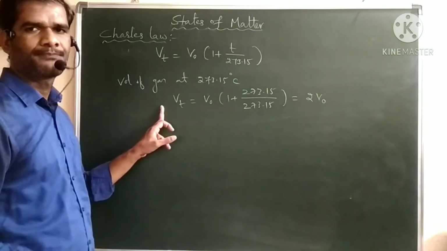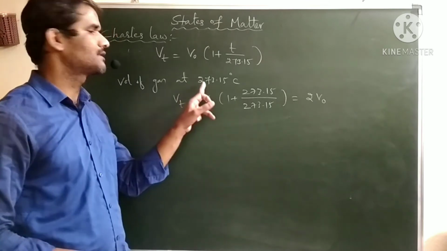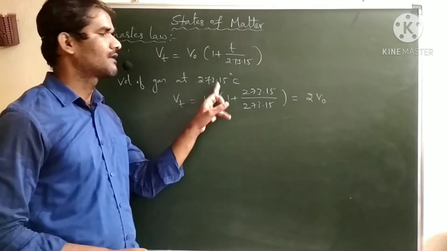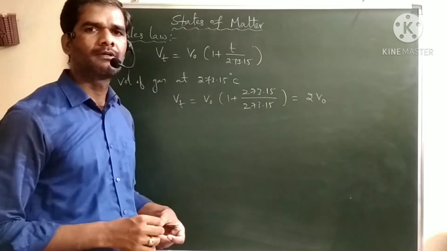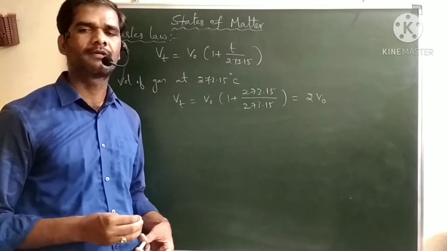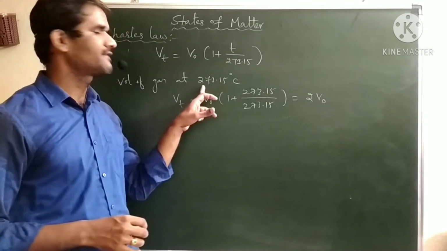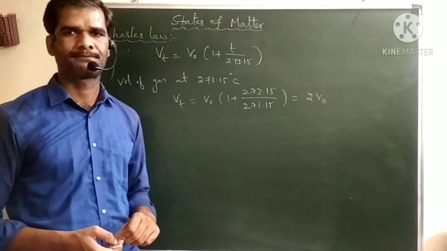What it means is that the volume of the gas will be doubled at a temperature of 273.15 degrees Celsius. If you double the temperature, the volume will not become double. The volume will become double only if you increase the temperature by 273.15 degrees Celsius.